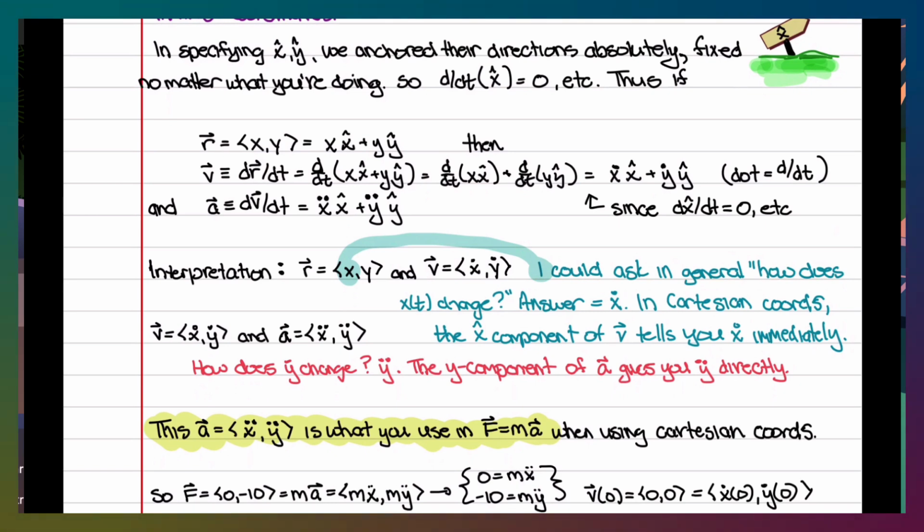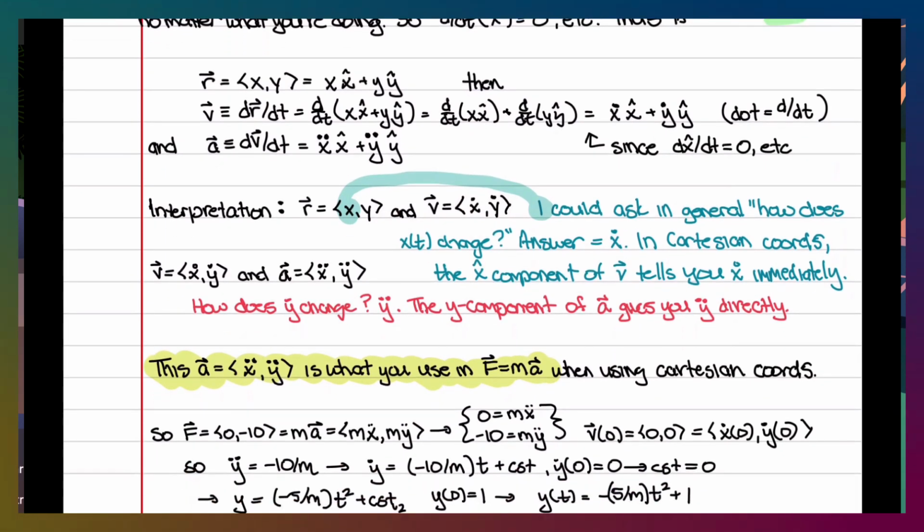So if I want to know how this coordinate changes with time, I have to find or calculate x dot. Here, in Cartesian coordinates, we just have to look at the velocity vector, and if this is the x position, then we look at the same component in velocity, and that gives me x dot. Here this is y, and I look at the same component, and that gives me y dot. This tells me how this is changing.